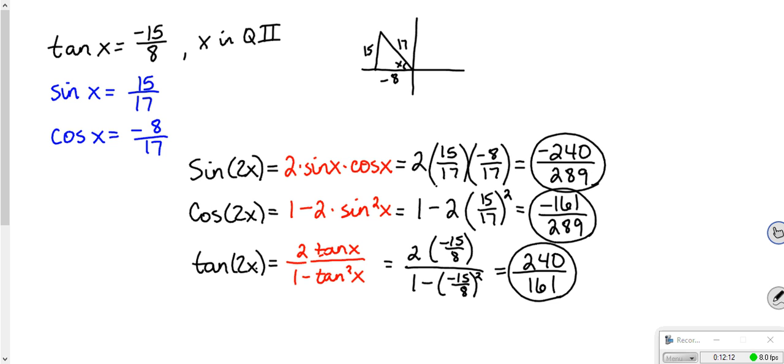Now, problem number 3. Same type of deal. We still have to find sine of 2x, cosine of 2x, tangent of 2x. But here they start us off a little differently. Here they tell us that secant x equals 4 and that x is in quadrant 4.